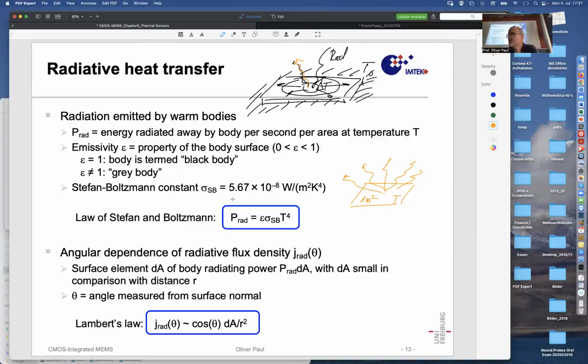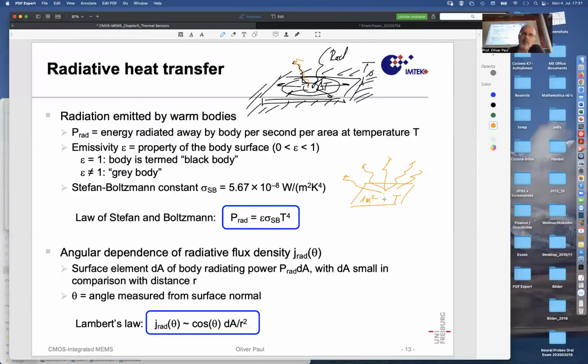That is not a material property. That is an absolutely fundamental constant. It's the power radiated by a so-called black body, and the power radiated away increases with T to the fourth power of temperature.